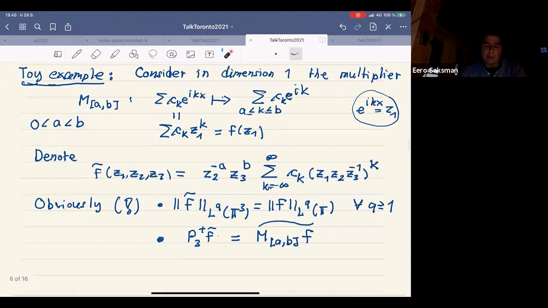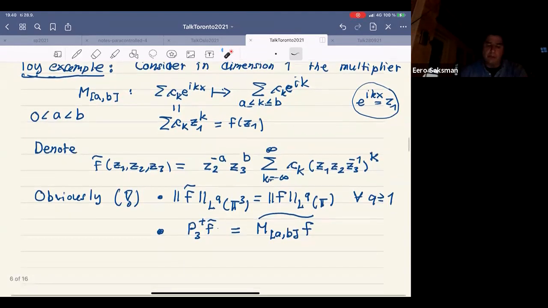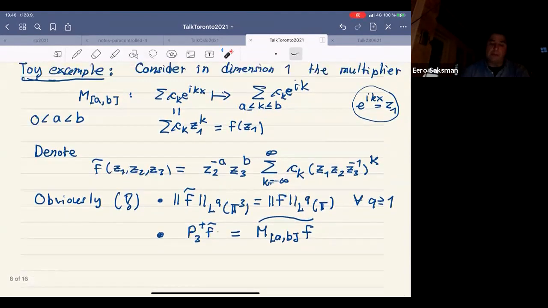But what we do here is add to the number of variables. So instead, you replace this trigonometric polynomial by this polynomial where you have increased the number of variables and put here z1, z2 to a positive power, z3 to a negative power. And then you put suitable numbers in front. And this I call f tilde.